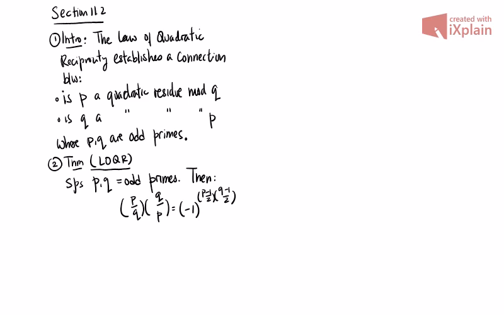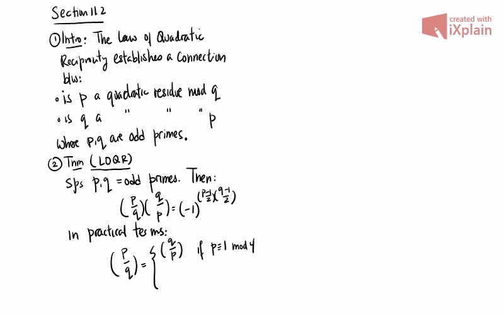Now, in practical terms, this is the same as saying the following: p over q is the same as q over p if either p is congruent to 1 mod 4 or q is congruent to 1 mod 4.